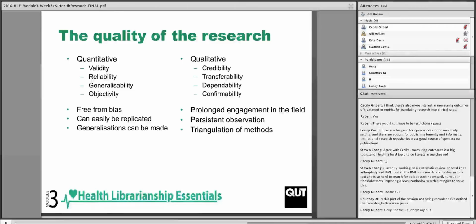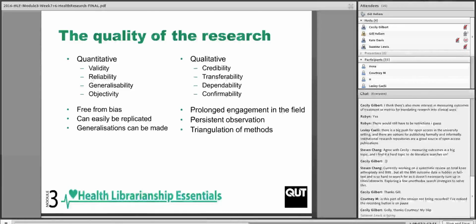So again, different terminology is used, different language is used in terms of quantitative and qualitative. Quantitative, yes, we talk about validity, reliability, generalizability, objectivity, whereas in qualitative we talk about credibility, transferability, dependability, and confirmability.